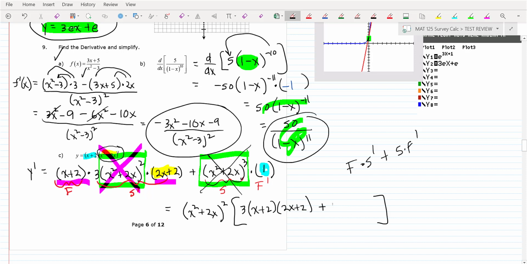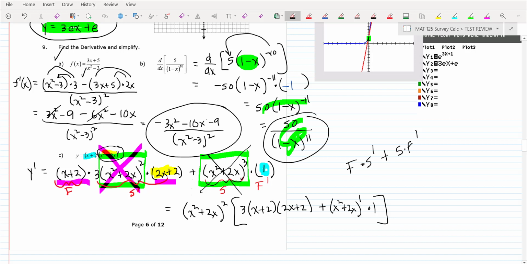You would have to have one of those. So it'd be (x squared plus 2x) to the first. Then you'd have the 1 left over, which you don't have to do. So you got to make sure that after you get that factored, that everything multiplies out. That's the hardest part of that problem to me, is students tend to, by the end of the semester, do a pretty good job with doing the derivative, but not as good as I would like on the algebra part of that, all right?